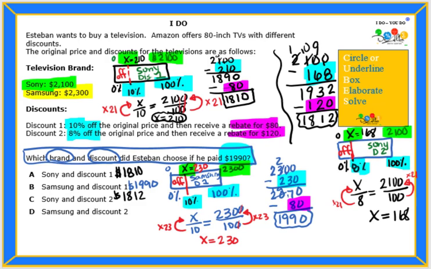Do we already have the one that gave us $1,990? Yes, we do. And I just wanted to show the Sony at the other price, and we could do the Samsung. To save space here, we're going to look at our answer and say B already gave us $1,990. And the correct answer would be B.